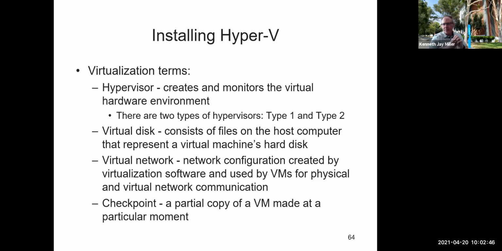So it's going to be a little bit different than the way we handle things in VMware, in that we actually use Hyper-V to create a new differencing disk based on the parent disk. Now we're going to get into all that next week. This week we're just creating the parents. So we'll go through that process. Okay, and then we can have virtual networks, and we can have checkpoints, which are used for our snapshots.